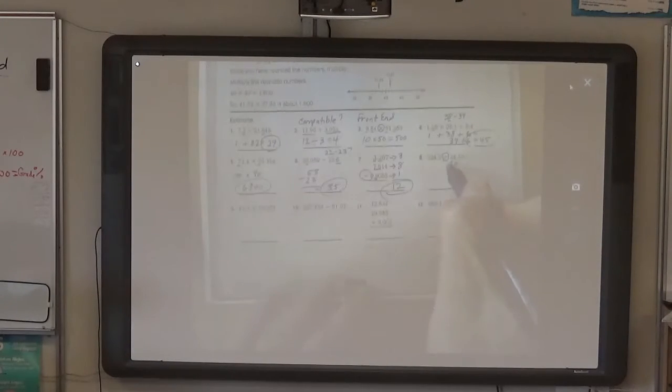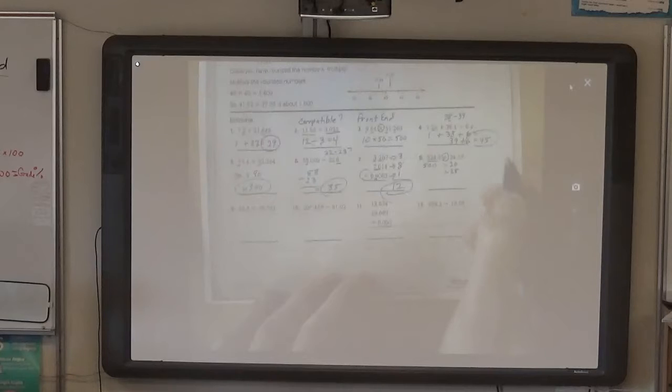Now, let's find some compatible numbers to these. What does 20 go into? 4. The number close to this, 524 and 2/10. Would it go into 500? Yes. Okay, we could use 500.